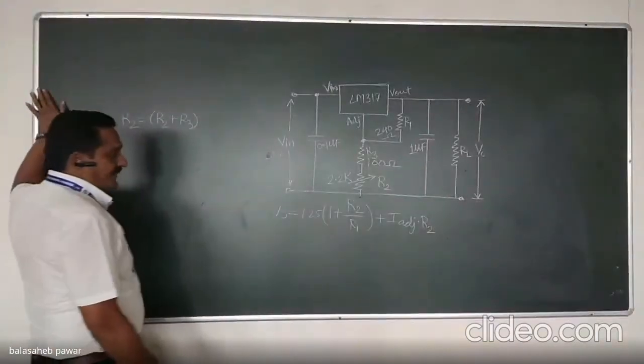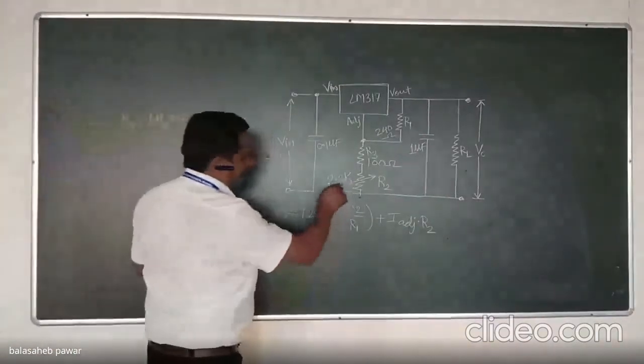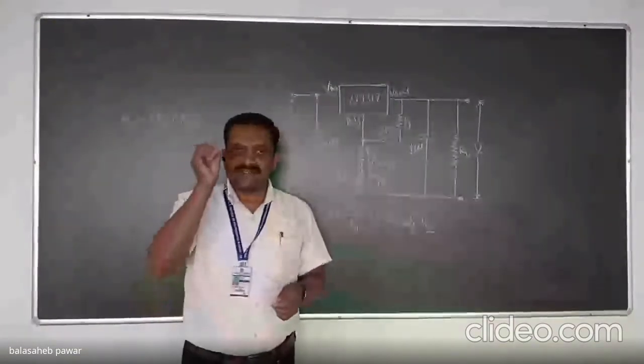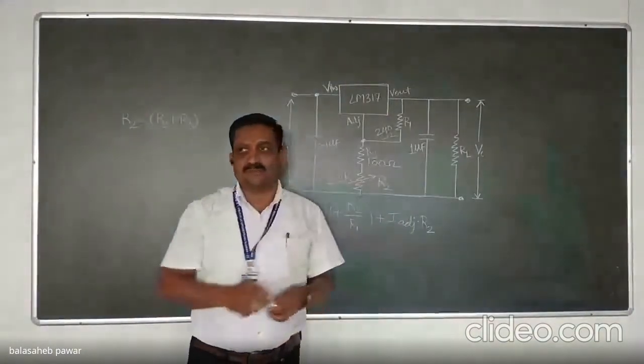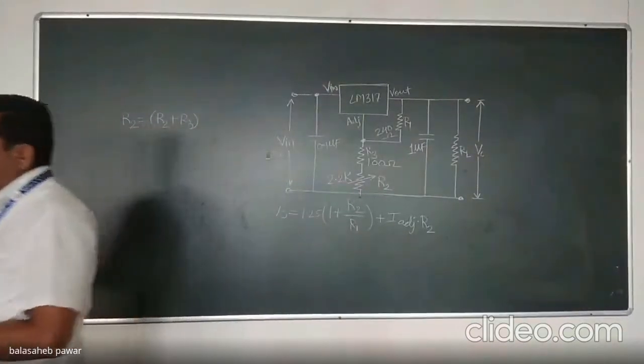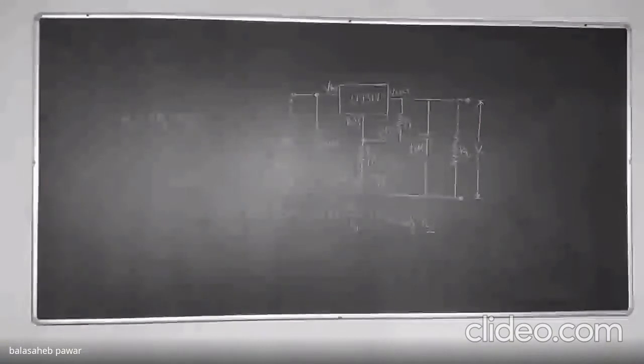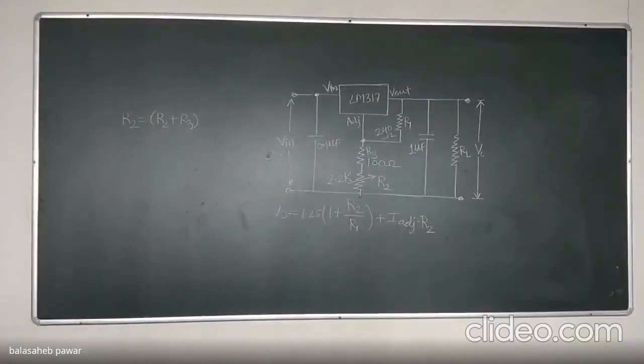So see, this R2, the variable resistor 2.2K, is a potentiometer, so we can vary its value from 0 to 2.2K. Are you agree with this?